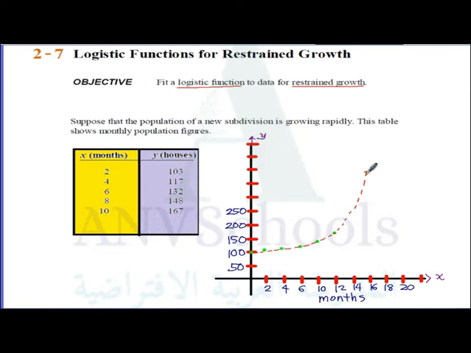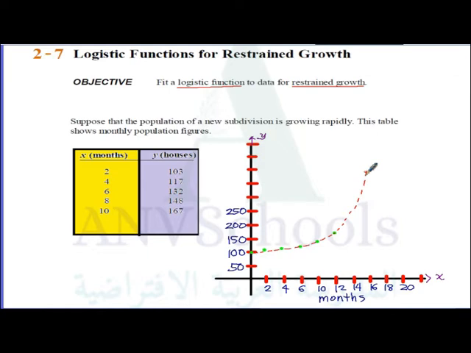But look, this is a new subdivision, and a subdivision is always at a certain time, let's say in 2 years or in 3 years, this area of land will be filled with houses such that you can no longer build a new house in there.